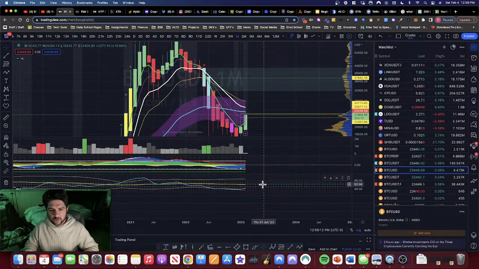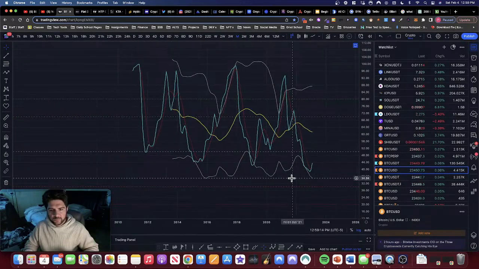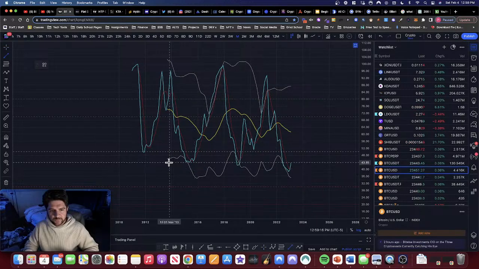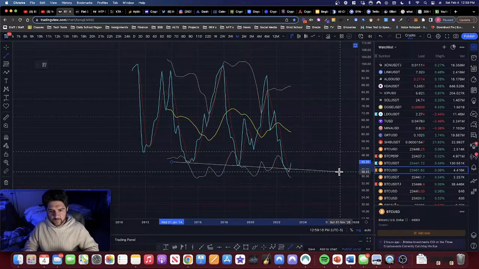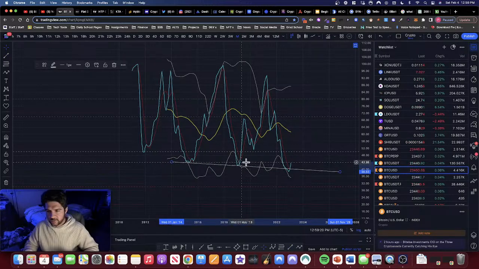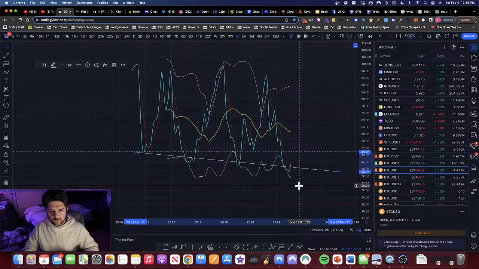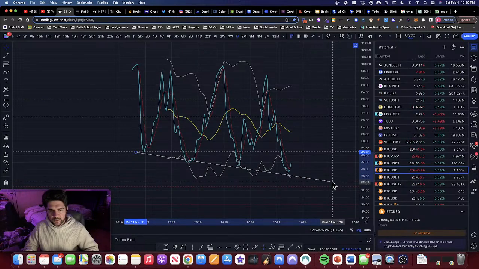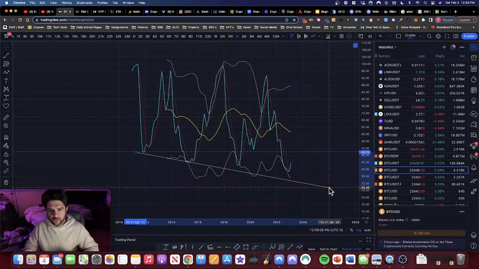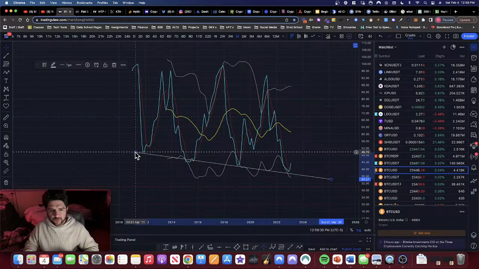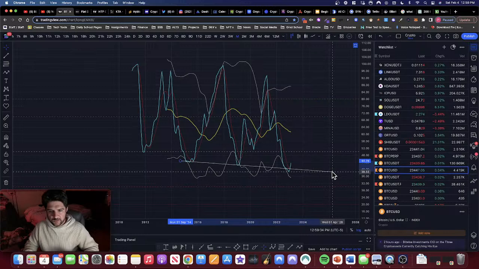You look at your monthly RSI, everyone talks about this. Is this the right chart? Yeah, I guess so. I don't know if they're drawing it like this, but I've seen people draw it like this.